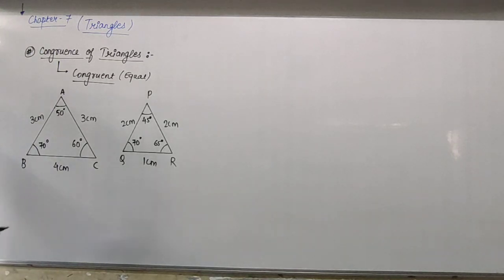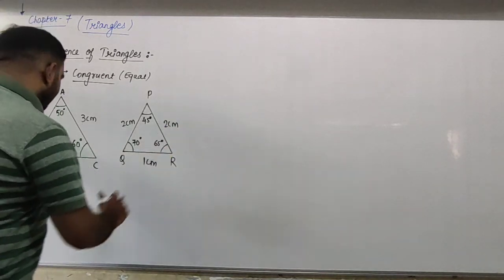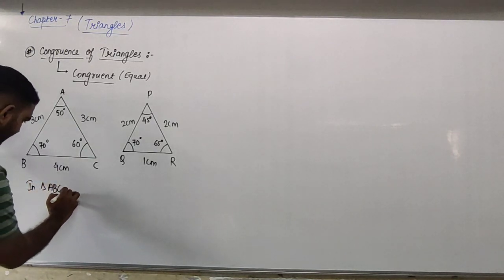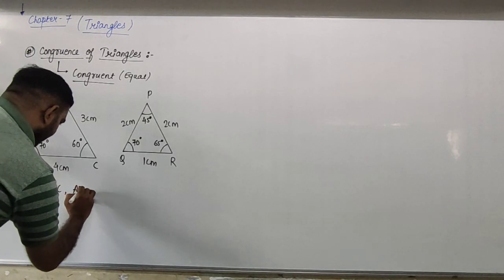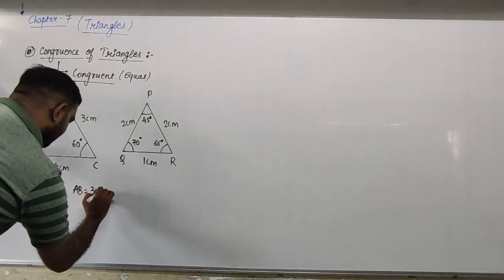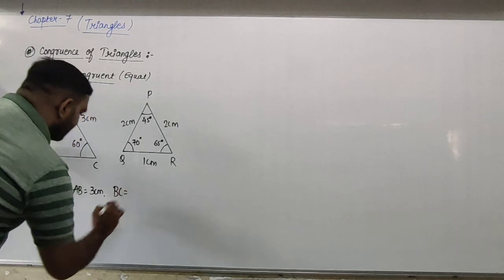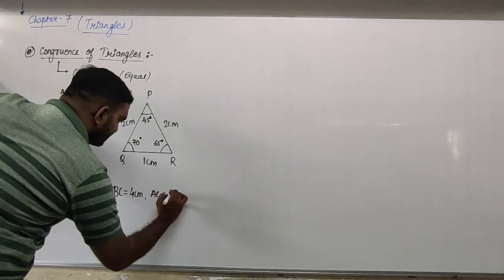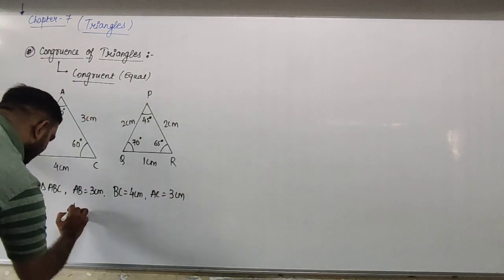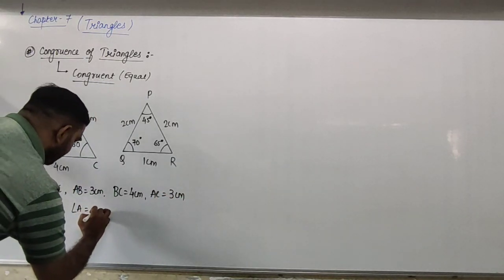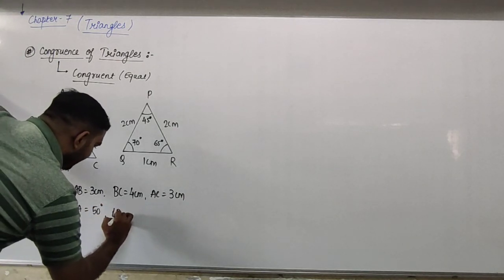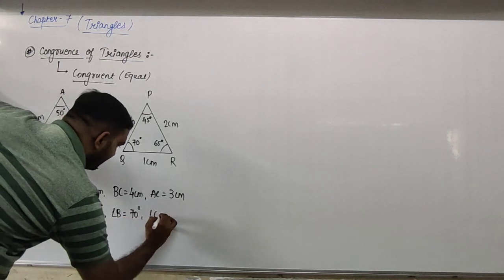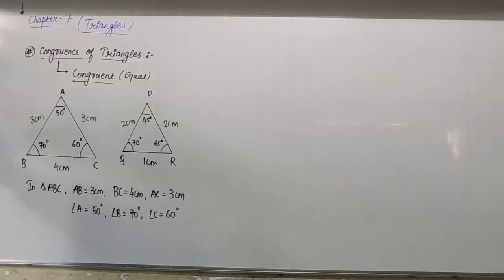So let me write down that in triangle ABC, AB equals 3 centimeter, BC equals 4 centimeter, and AC is again 3 centimeter. Angle A equals 50 degree, angle B equals 70 degree, and angle C equals 60 degree.